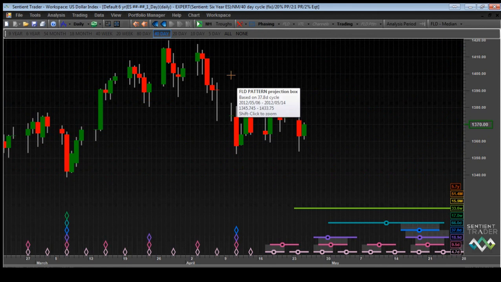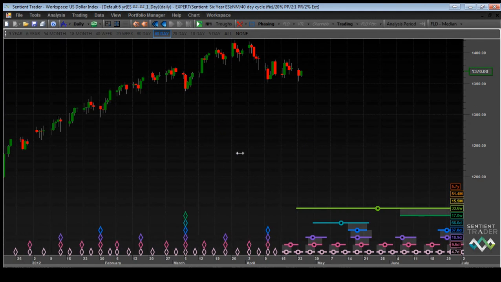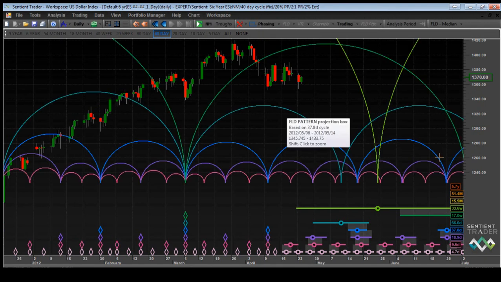What about the longer cycle? The next longer cycle up is the 20-week cycle. In which direction is the 20-week cycle going? Well, the 20-week cycle is heading upwards. The 20-week cycle formed a trough in early March, and I would need to zoom out a little bit so that we could see that more clearly.